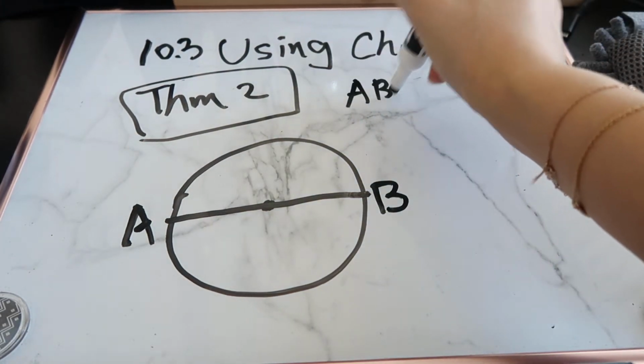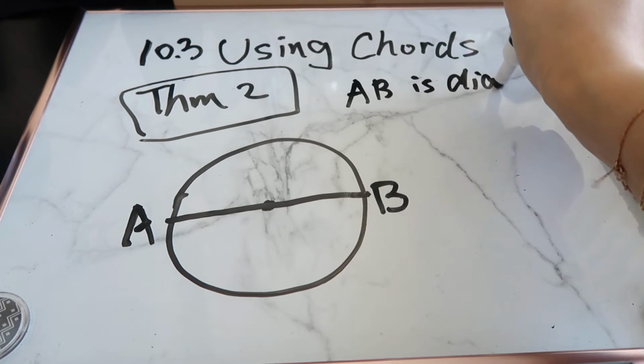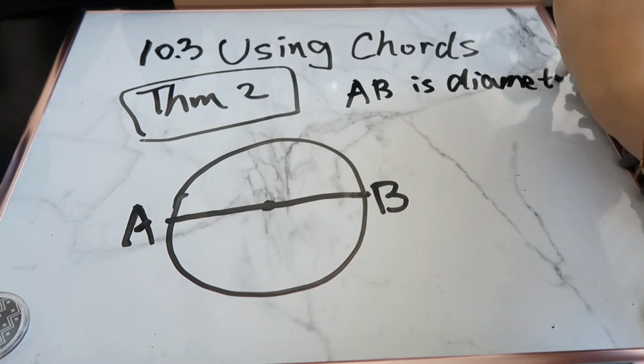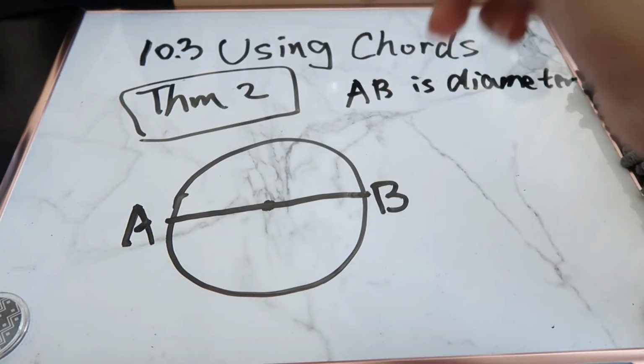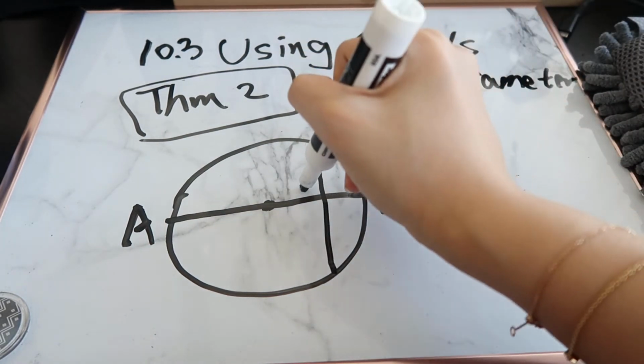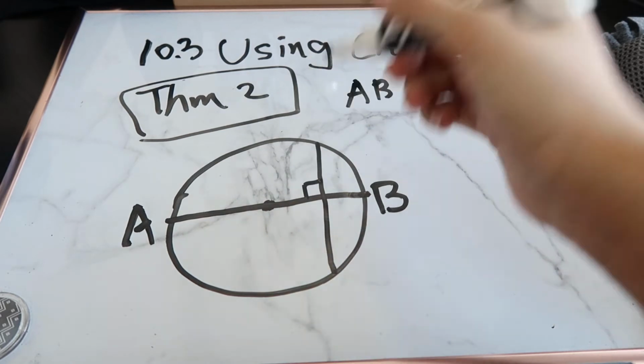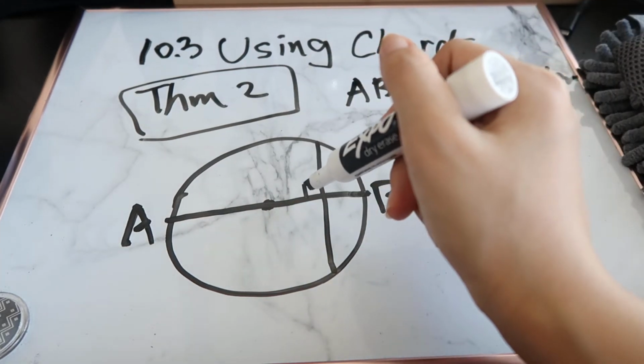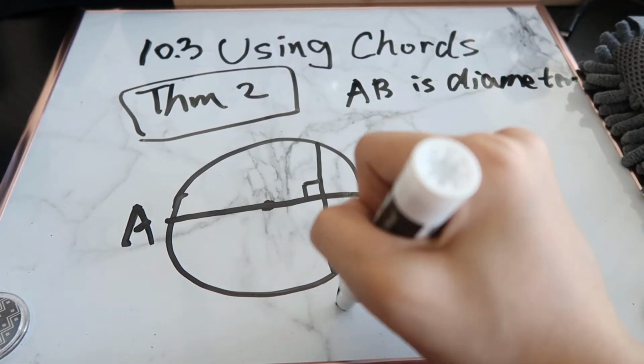So AB is the diameter. That means it's the whole segment that goes through the center. Then we have another chord that will be perpendicular to AB. It means this will be 90 degrees, and let's call this CD.